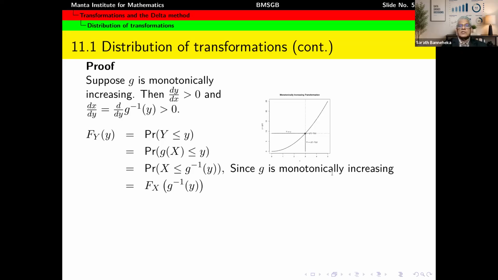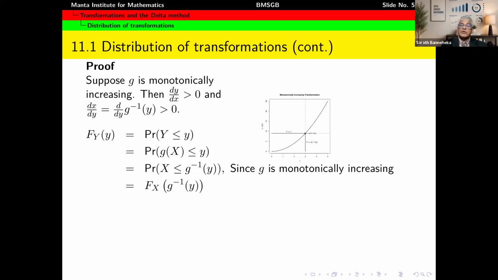That happens when g is monotonically increasing. So we can get this expression. But now notice that the probability that random variable X is less than or equal to this real number is, by definition, the cumulative distribution function of capital X evaluated at this real number g inverse y. So therefore, we can very easily get an expression for the cumulative distribution function of Y in terms of the cumulative distribution function of X.